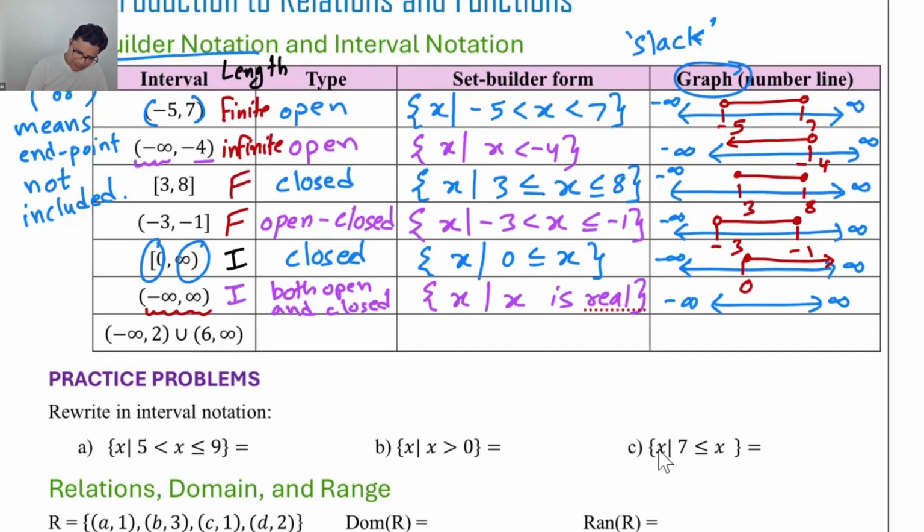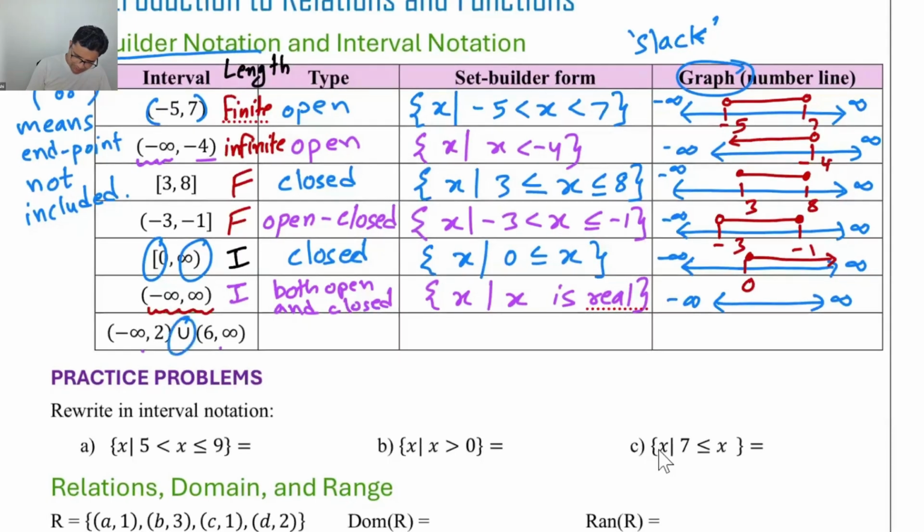And finally you have a subset. I won't say interval. You have a subset which contains two intervals, right? And the symbol that you see in between here looks like U. It's called the union.